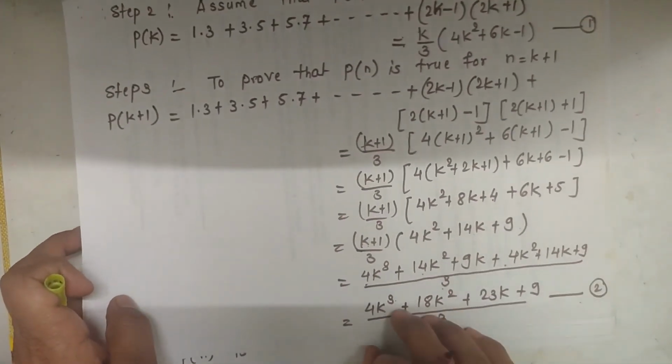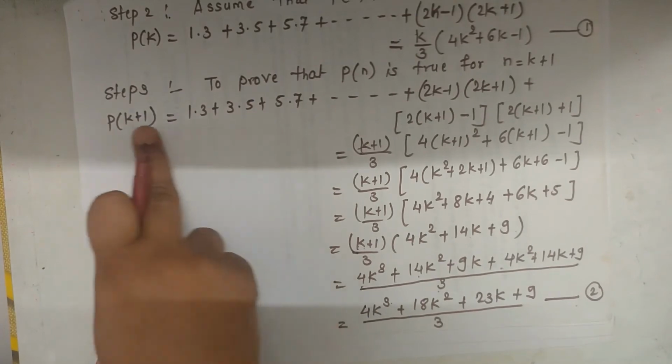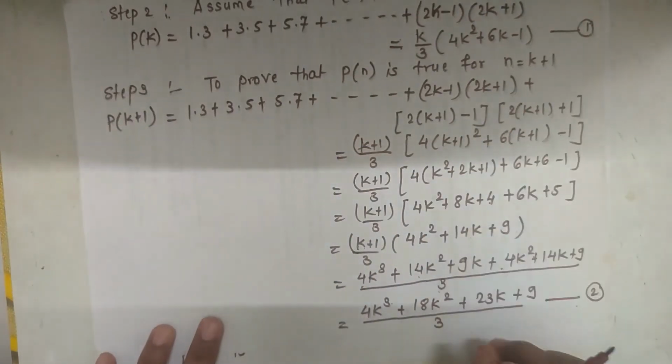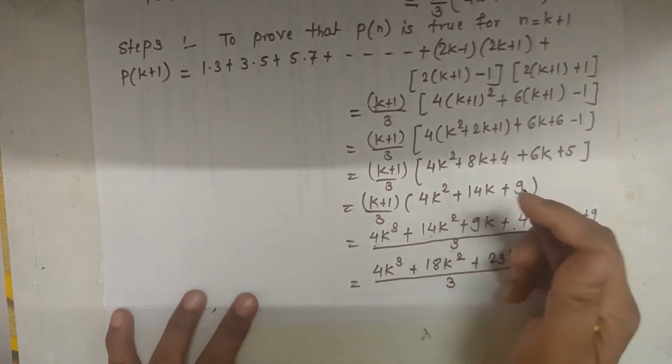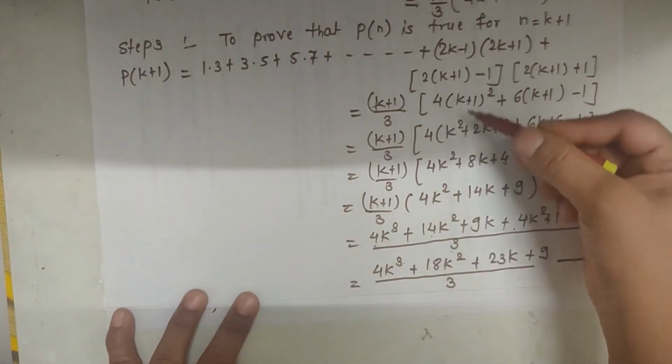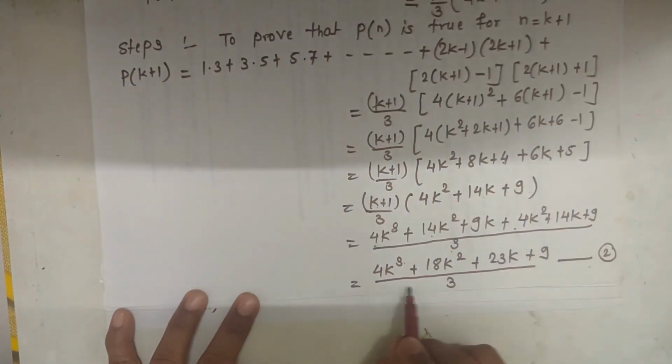For proving the statement for n is equal to k plus 1, simplify this RHS in this way.